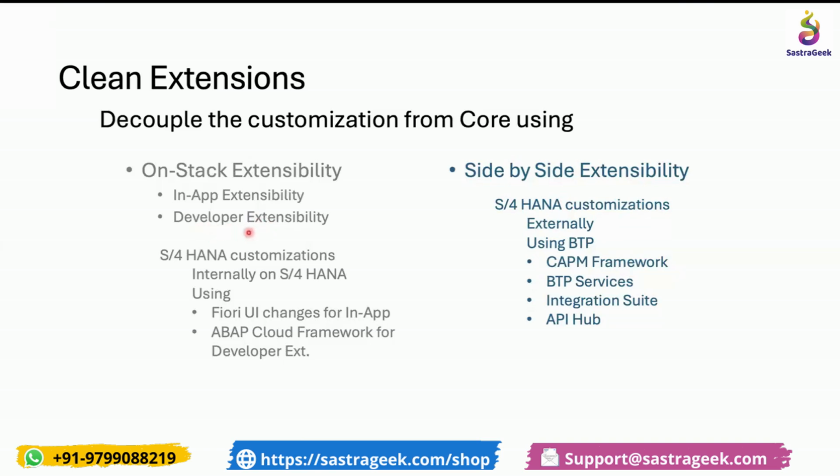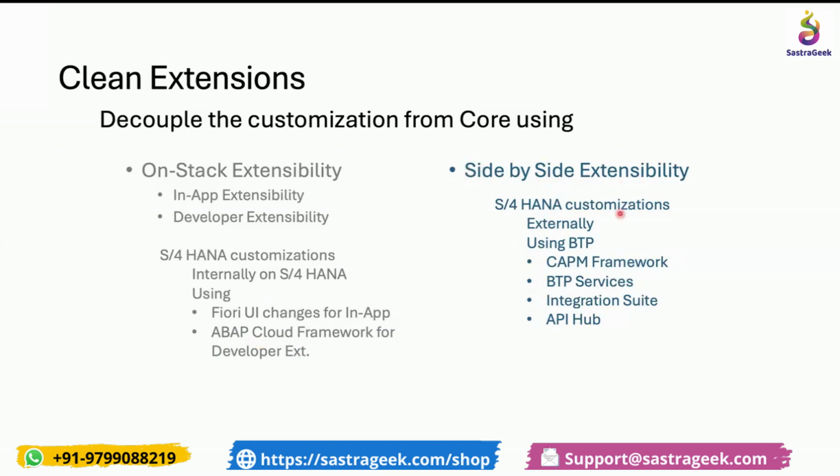So it's basically decoupling. This is a tighter coupling, but it's still decoupling of the customization or extensions from the core. And over here, the use of ABAP Cloud is what is recommended.